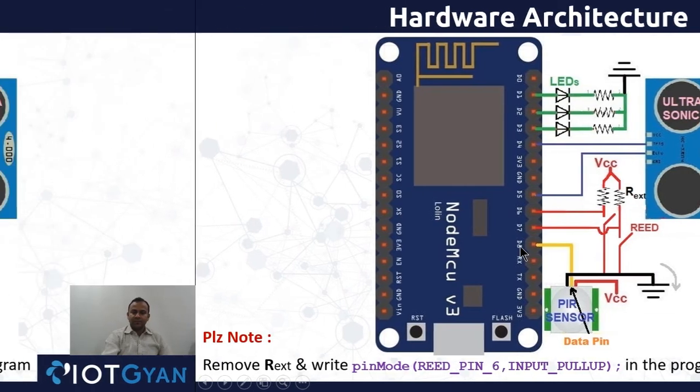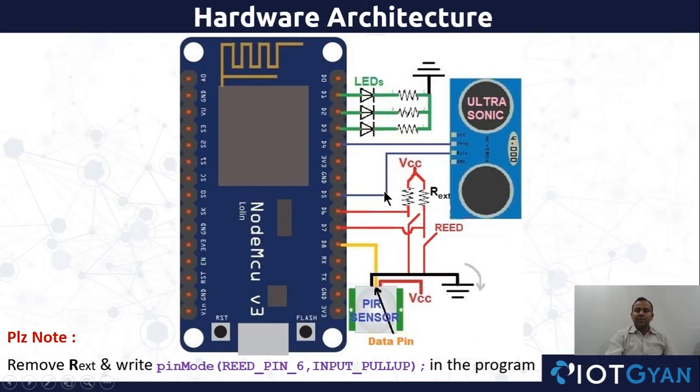The third component I have used in my project is the reed switches. Why am I calling them a sensor? Because they detect the presence of a magnet near them. So how exactly do they work?